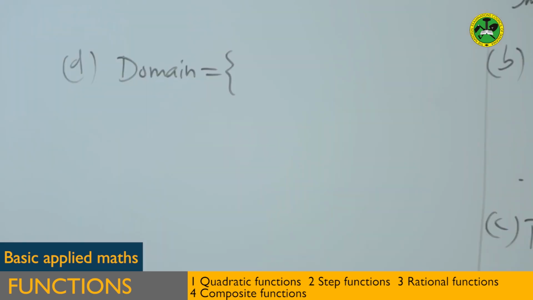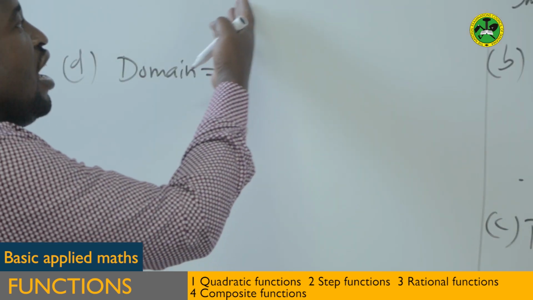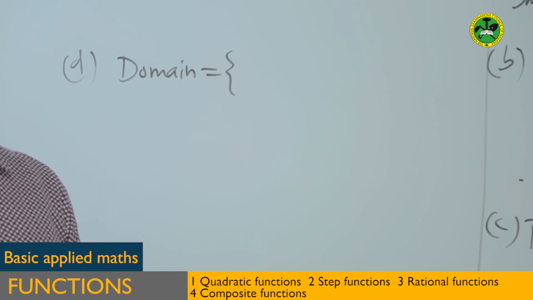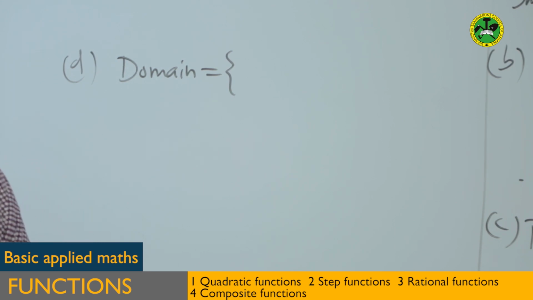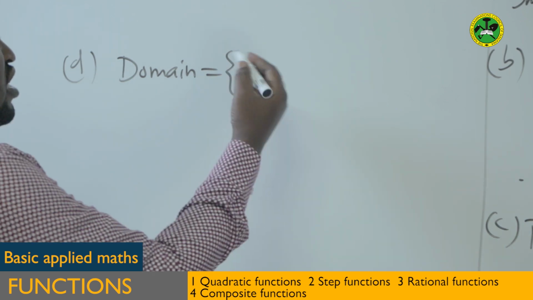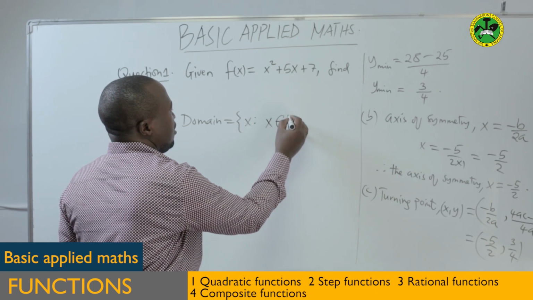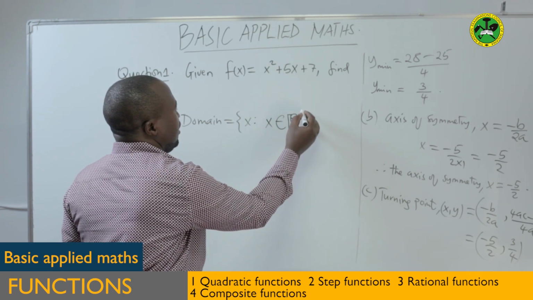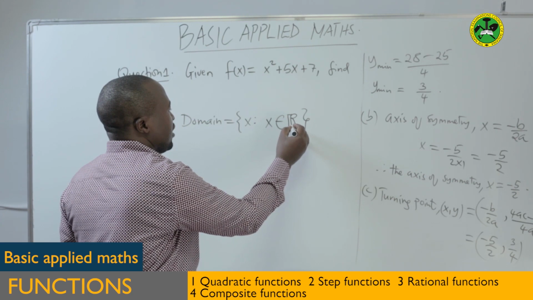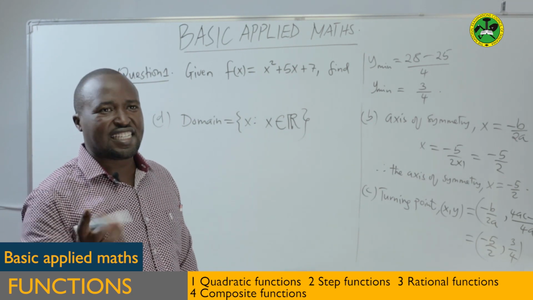For a quadratic function, the domain is the set of all real numbers. Therefore here we just say x such that x is a set of real numbers.